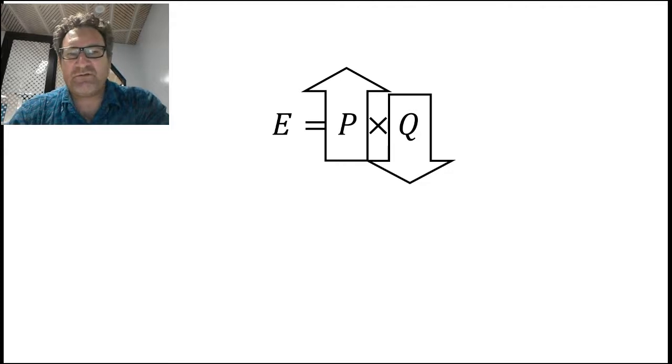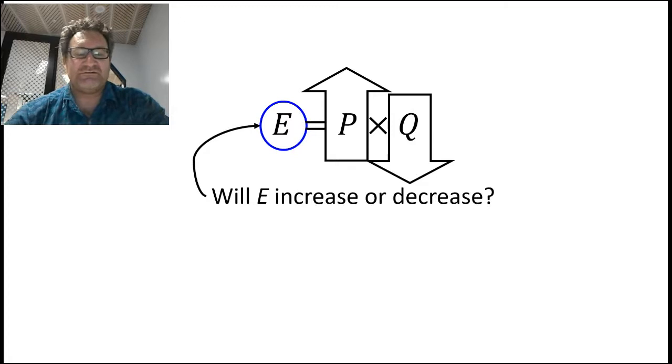Okay, so what's happening to total expenditure? On the one hand, total expenditure is being dragged up by a higher price. On the other hand, it's being dragged down by a lower quantity demanded. So what's happening to total expenditure overall? Will it increase or will it decrease?